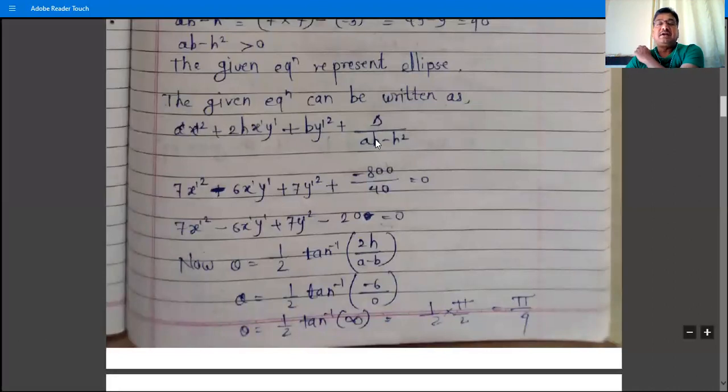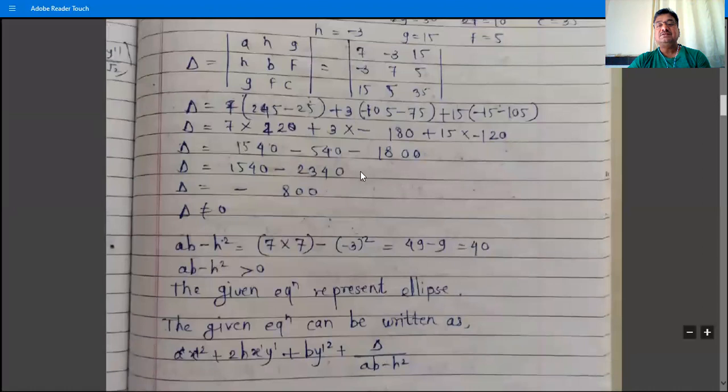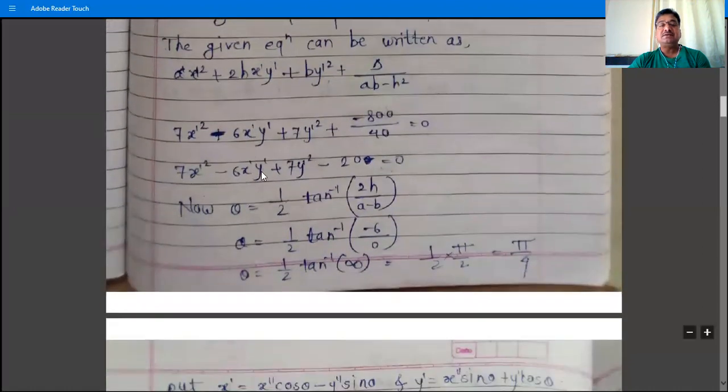This is the second method, actually, the direct formula. So what do we have? a is 7, twice h is minus 6, b is 7, and delta is minus 800 divided by ab minus h square, which is 40, is equal to 0. And then we have 7 x dash square minus 6 x dash y dash plus 7 y dash square minus 20 is equal to 0.